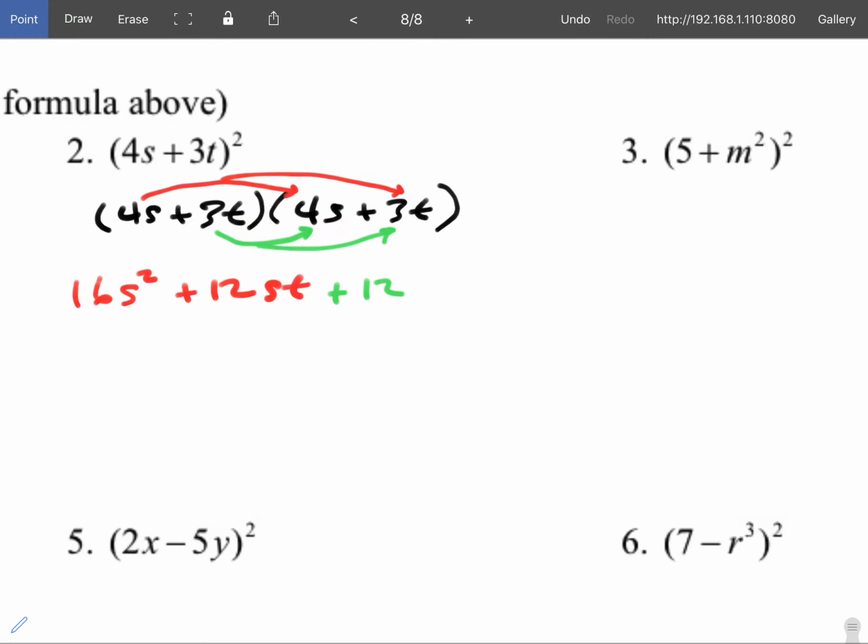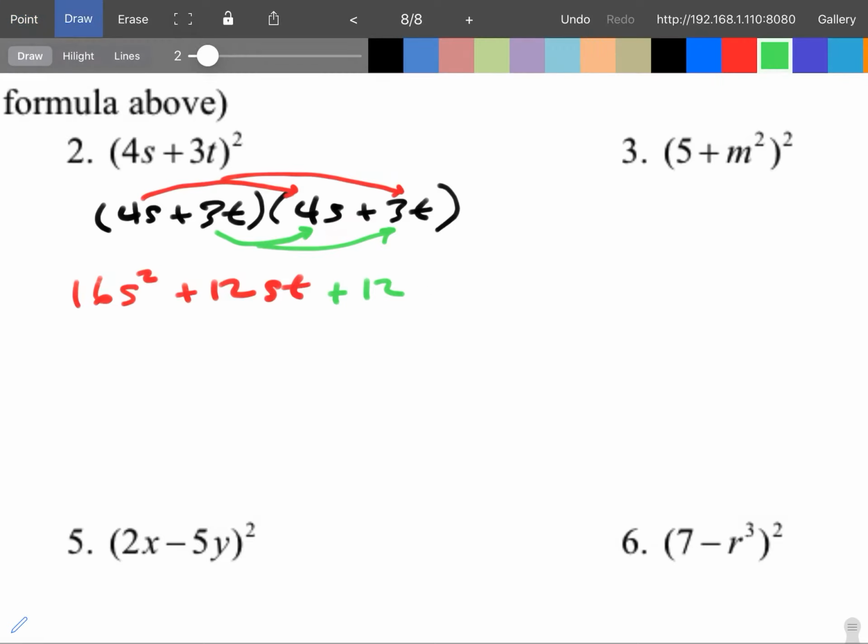And then we still have t times an s, which is ts, but again, we'll usually put those in alphabetical order, so I'm going to write it as st. And then the last term, we got a positive 3t times a positive 3t. 9t squared. Good. Yep, a positive 9t squared.